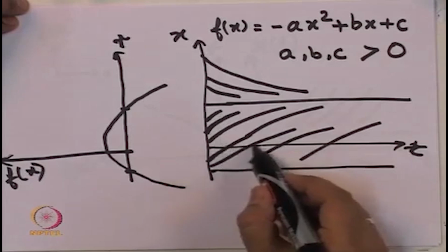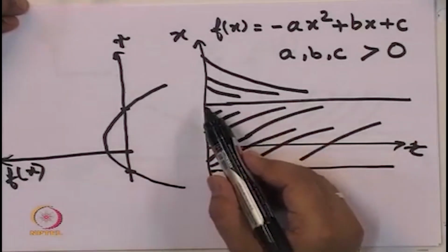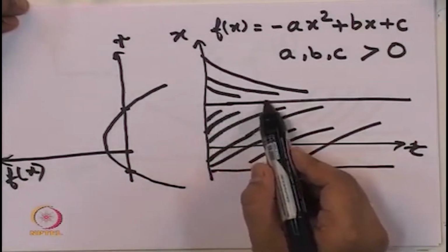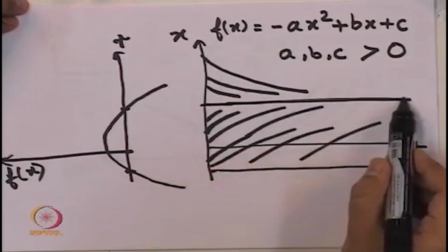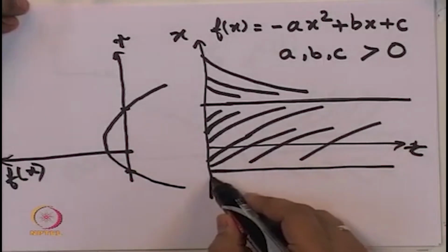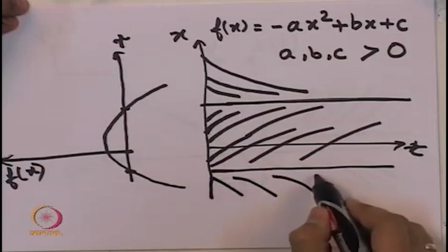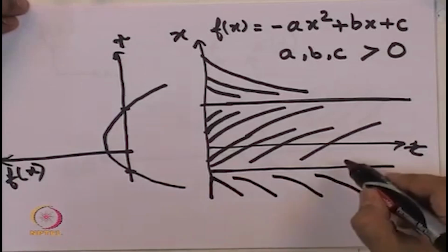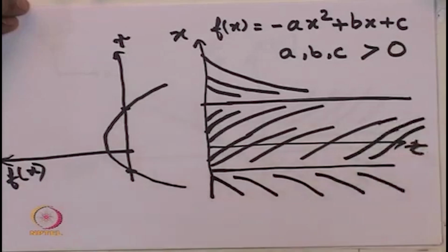This particular line is only denoting the t axis, it is not denoting an equilibrium point or a trajectory corresponding to an equilibrium point. On the other hand, because this value corresponds to an equilibrium point, this just remains constant as a function of time. Similarly, this, and here again because x dot is negative, we have these curves going away from the equilibrium point. So, this is how trajectories evolve as a function of time.